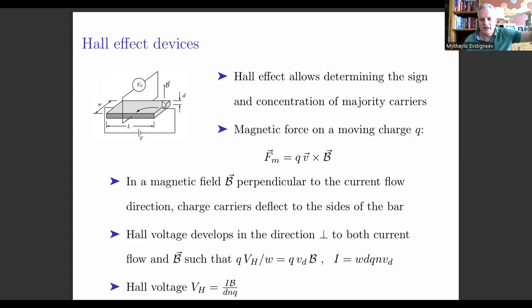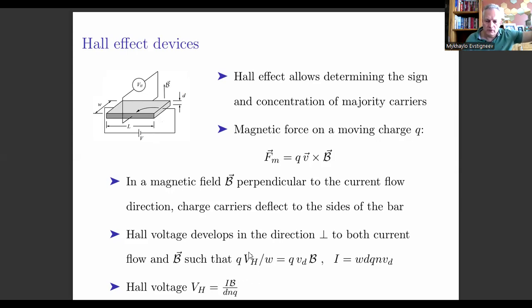So eventually the charging up of these sides will stop, because the effect of the electric force due to the Hall electric field will perfectly balance the effect of the magnetic Lorentz force on the majority carriers. Now let us figure out this Hall electric field.